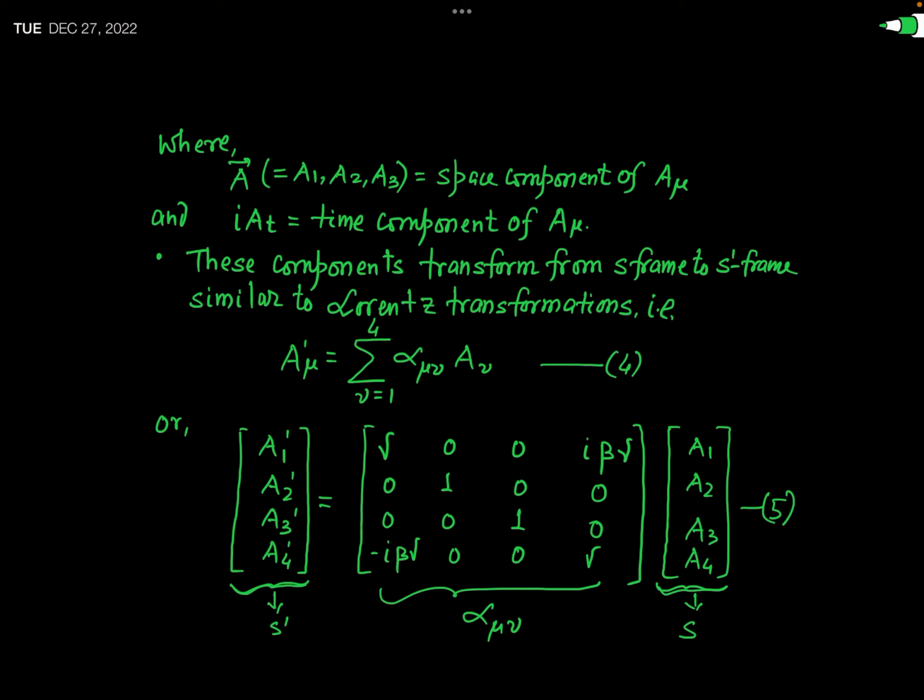In compact form, this matrix equation is also written like this: A prime mu equals the summation over nu from 1 to 4 of alpha mu nu A nu.